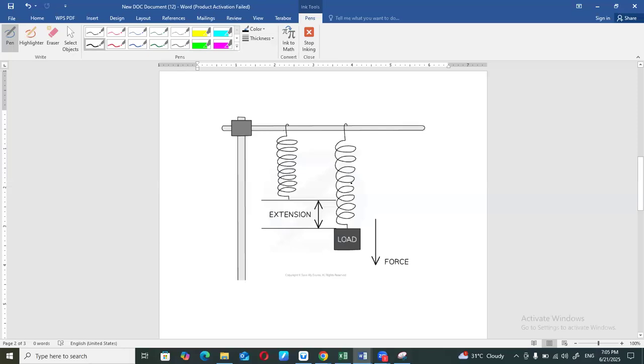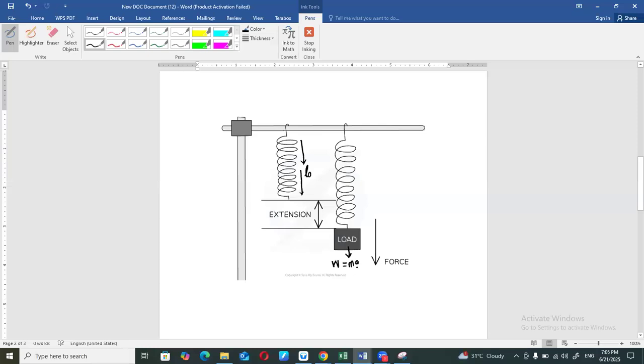What exactly is it? Let's suppose this is your spring, and this spring has, for example, the original length L naught. You're applying a force. Force means a load, or you can say a weight, W, which is equal to mg.